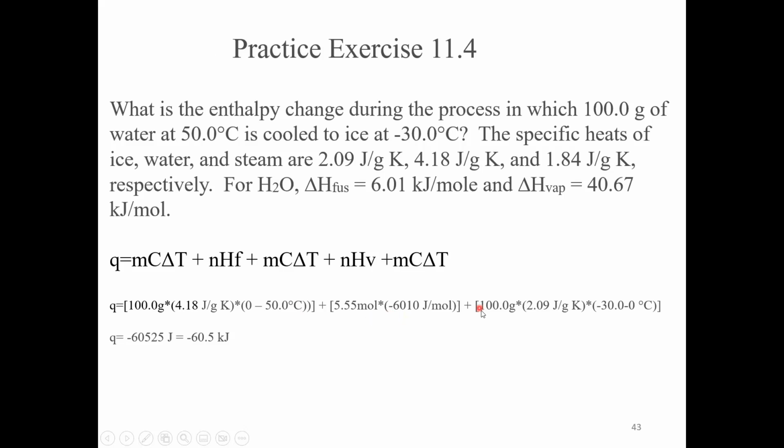Because in this case, we're going to wind up with 3 negative pieces of our equation, just because we're cooling the substance down. Where the first one we looked at, we were heating it up. So that's why we had positive numbers for all of these different segments. And in this case, it's going to release 60.5 kilojoules. So that's why we've got the negative sign there.